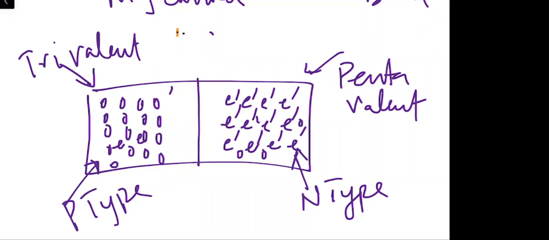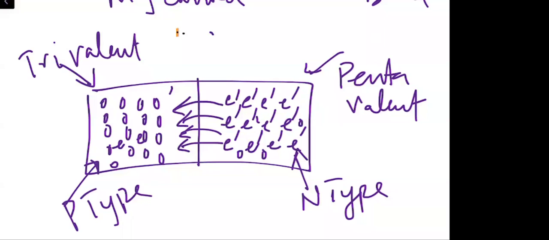That the free electrons on the n side, they will start moving towards this side. Right? They will start moving from the n side to the p side. And when they start moving from the n side to the p side, what will happen? That the n side will be losing the negative charges.